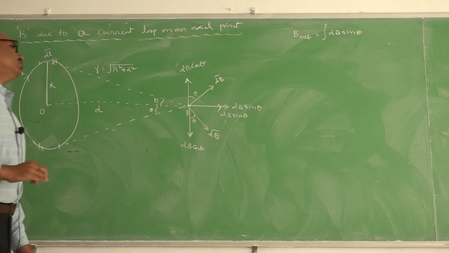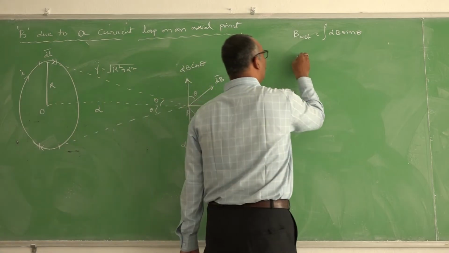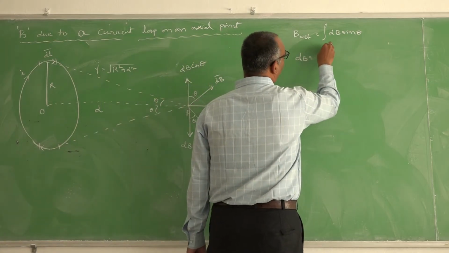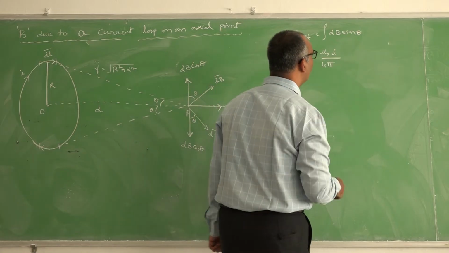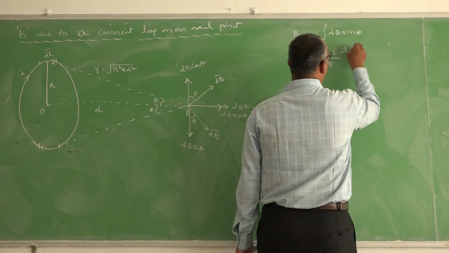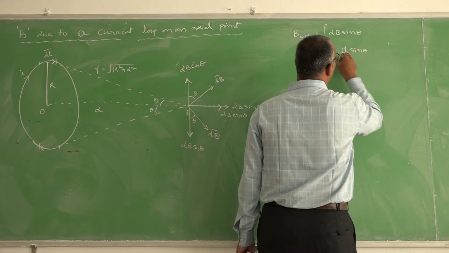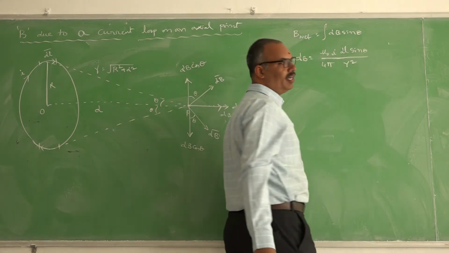But you know that magnetic field due to a small current carrying element is given by mu naught I by 4 pi dl sin theta by r square as per Biot-Savart law.